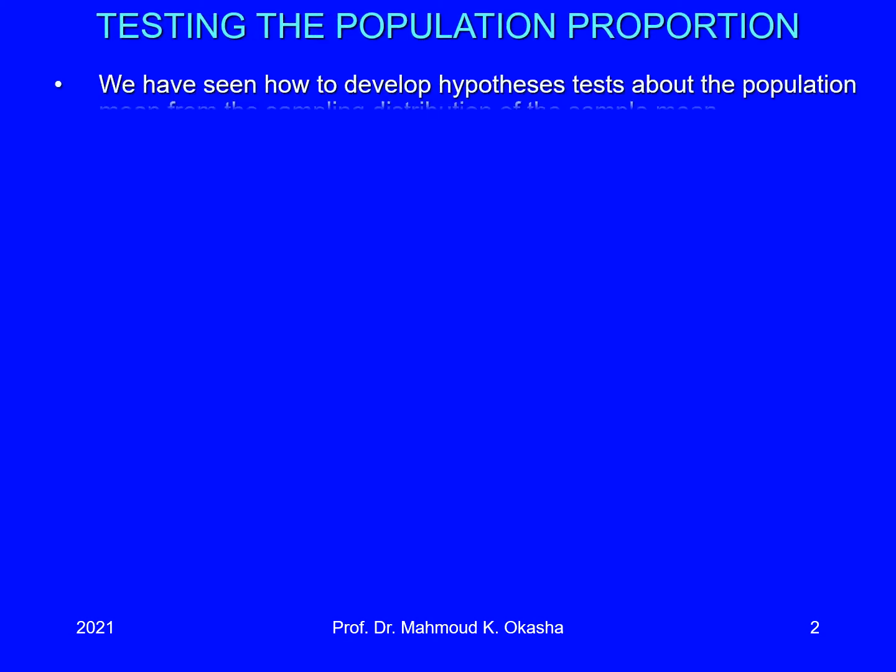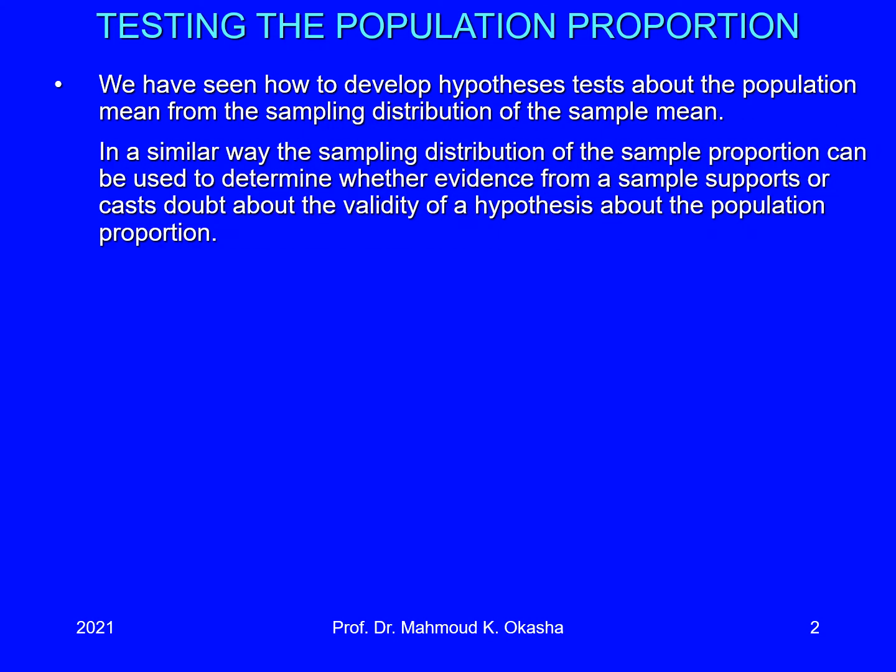We have seen in the last session that we can develop hypothesis tests for the population mean from the sampling distribution of the sample mean. So we are going to use the same idea and the same procedure to develop hypothesis tests for the population proportion from the sample proportion.